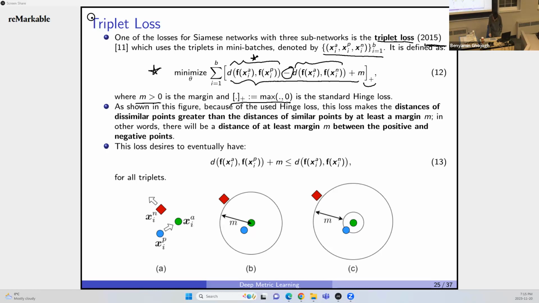But now let's analyze the standard hinge loss here. What is it saying? When does this become 0? So when the loss becomes 0, training stops, right? Because we minimize a 0 function with respect to theta.